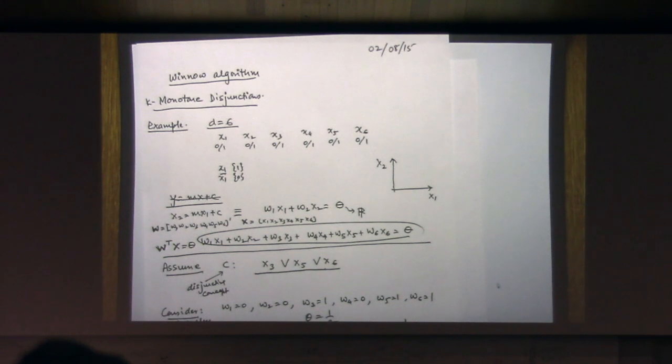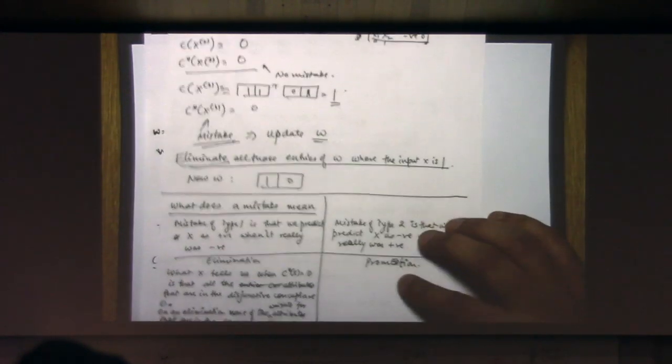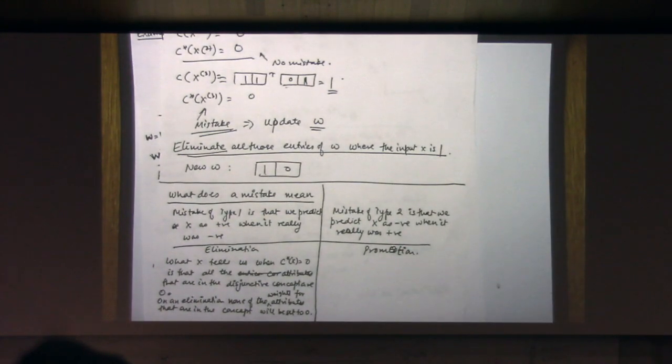Elimination, right. So what happens is elimination, where is that? So the idea of elimination is that whenever you make a mistake, that means your current weight vector called something positive when it was actually negative, right? So you set all the entries in W that correspond to a 1 value in the X to 0, right?